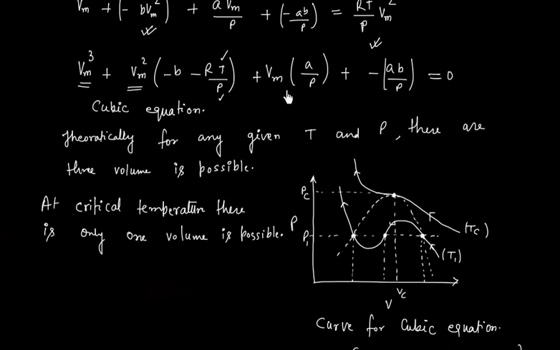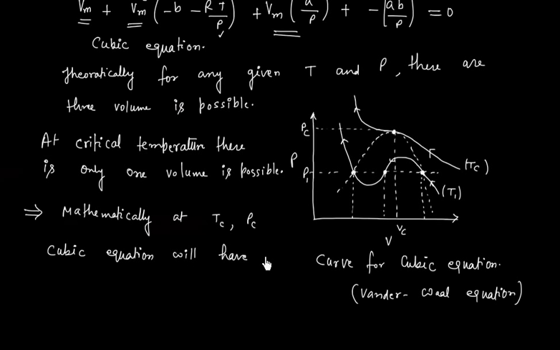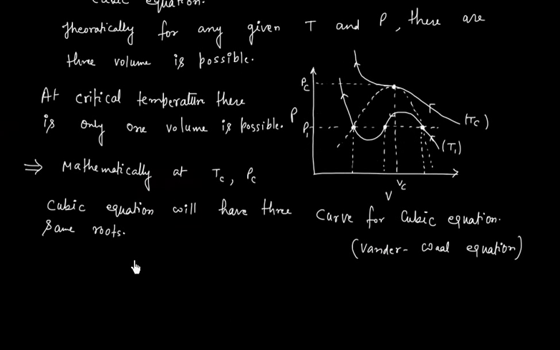Mathematically, this means this cubic equation will have only one root at critical temperature and critical pressure. So mathematically we can say at critical temperature and critical pressure, cubic equation will have three same roots. Let us say volume is Vc, critical volume, so root will be Vc.